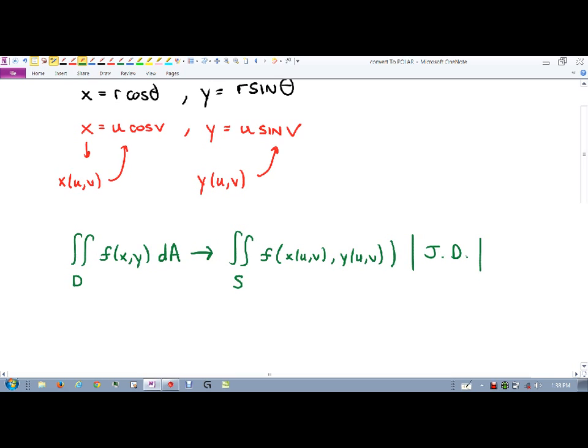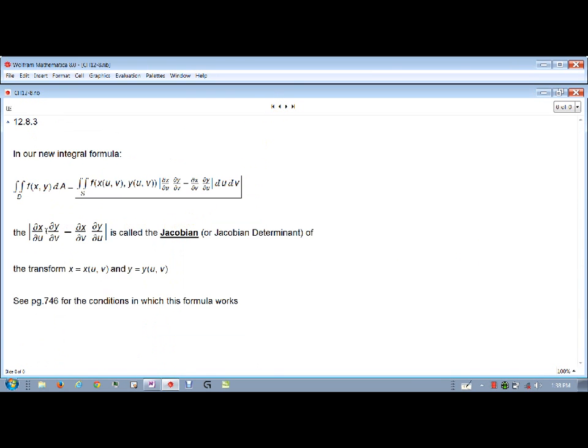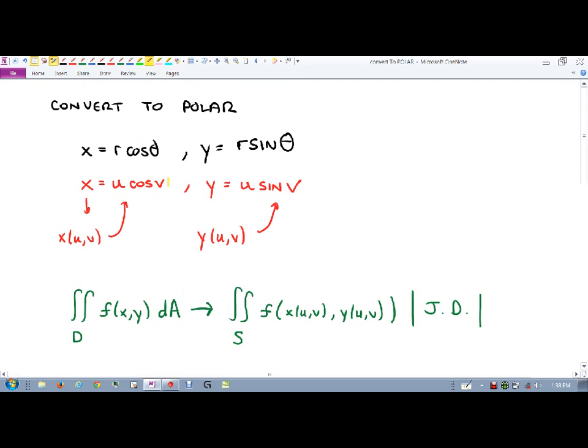So let's compute the Jacobian determinant real quick. What is it supposed to be? These are the two equations I'm going to be using right here, right? So what is the partial? Let's just get all four things first. What's the partial of x with respect to u first?